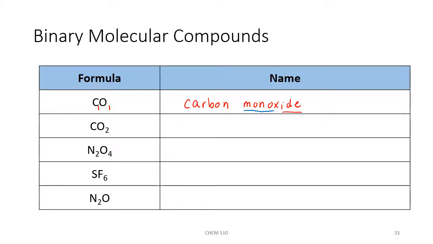We don't write monooxide, so one of the oxygens is dropped. Whereas CO2, now we've got to indicate that there's two oxygens in the formula. So this is named carbon dioxide.